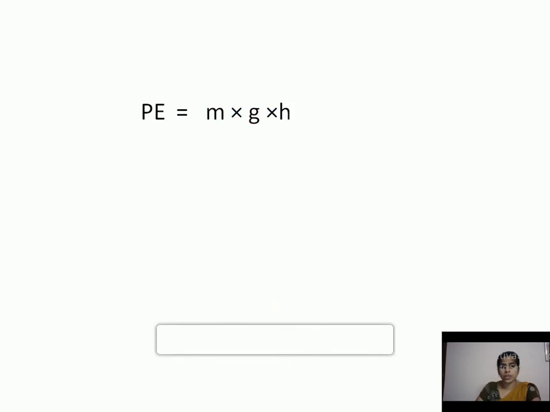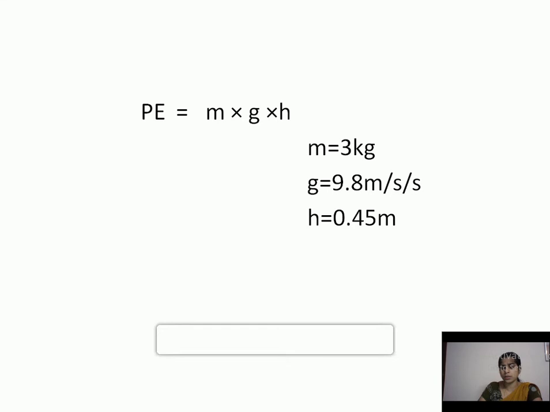Potential energy equals m into g into h, where m is mass, g is gravity, and h is height. So here, put the values. What is m equal to? 3 kg. And g, we know it is a standard value, 9.8 meters per second squared. And height is also given here, 0.45 meter. Now put the values in the equation.